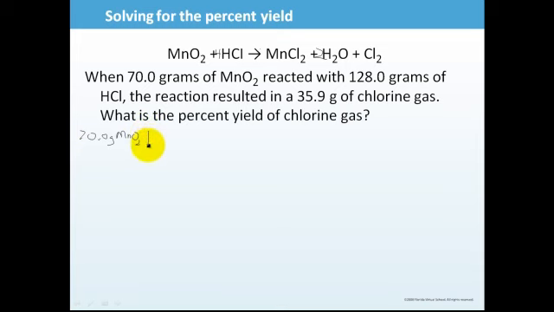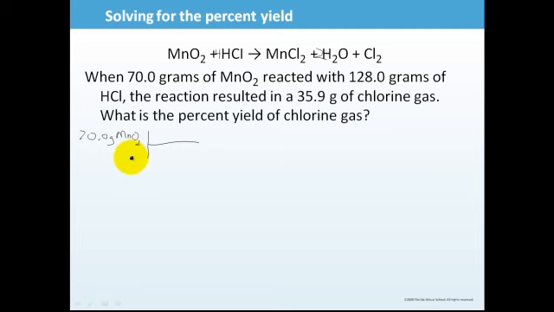All right, and our first conversion has got to be the molar mass. So we go to our periodic table. Manganese is 54.938, and we're going to add to that 2 oxygens.